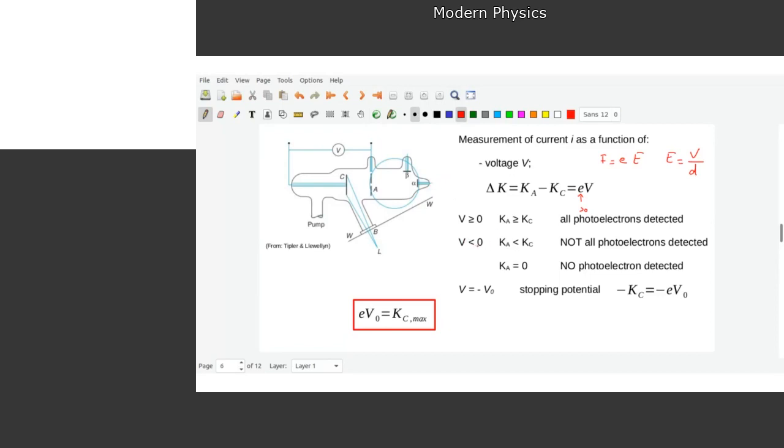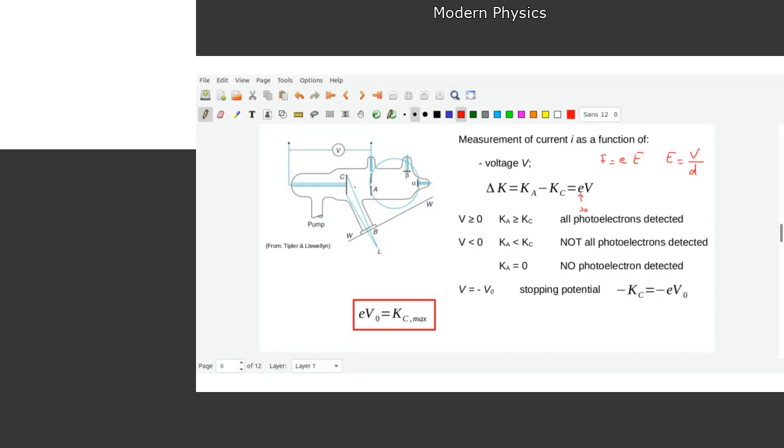If the voltage is negative, you will have a decrease of the kinetic energy between the collector and the emitter, and so not all the photoelectrons will be detected. Why is that? Because actually you have some distribution of kinetic energy for the photoelectrons emitted.